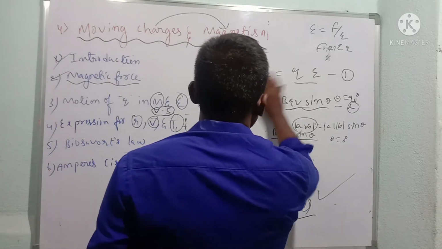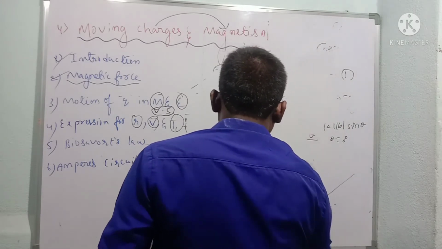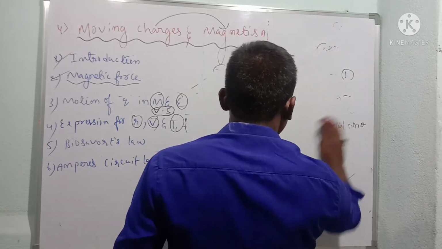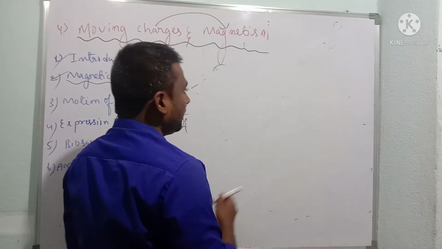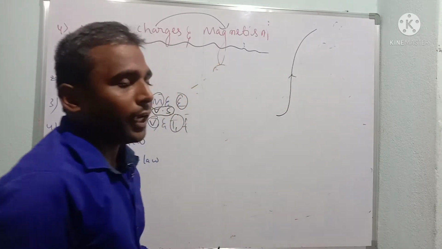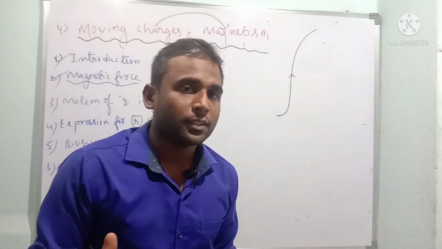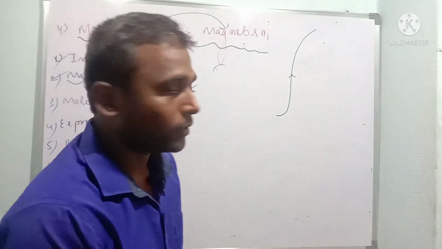After this we are going to understand Biot-Savart's law. What is meant by Biot-Savart's law? Very easy. Children, let us imagine it is a conductor. As we know, according to Oersted's effect, the current carrying conductor produces a magnetic field.